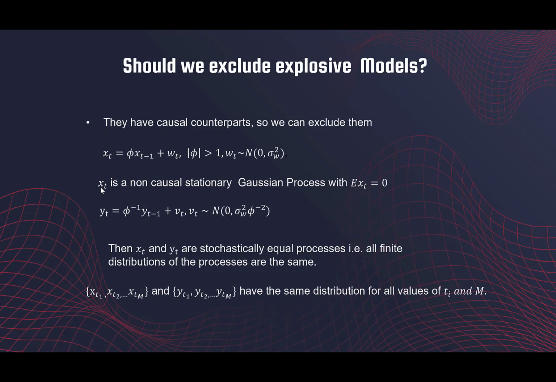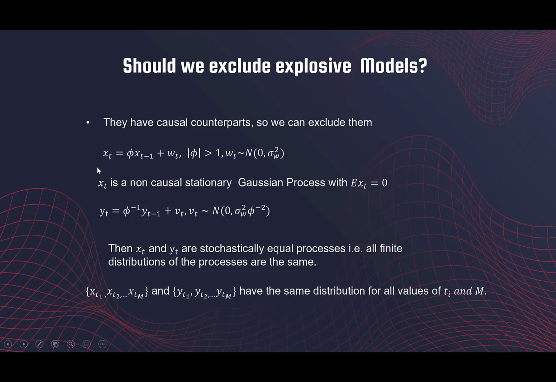Again, to clarify this idea, let me not use x and y. Say there's a variable v which has normal distribution 0, 1, and another variable w which has normal distribution 0, 1. Then they are stochastically the same. Even though they're two different variables, they have the same distributions. It's the same idea extended here.